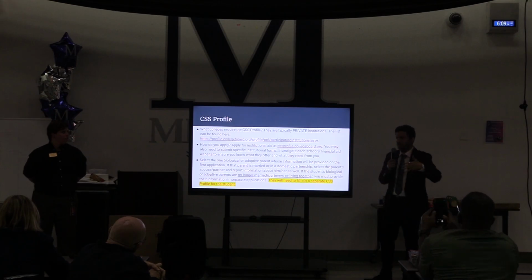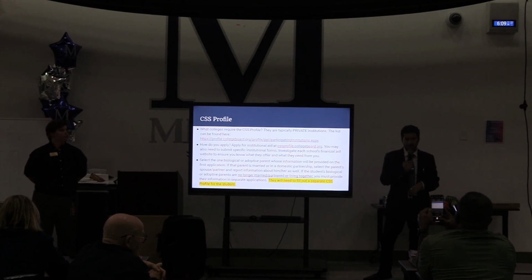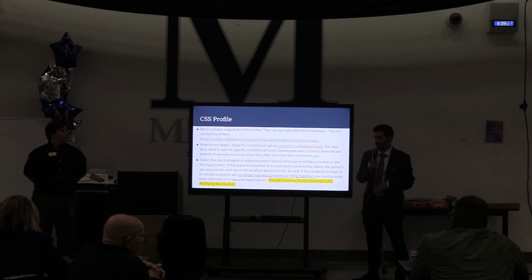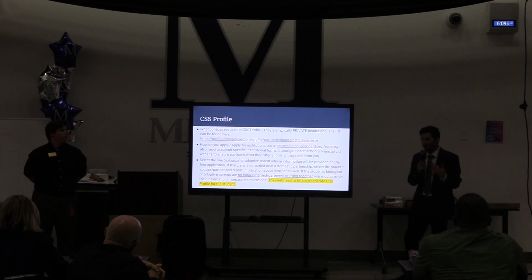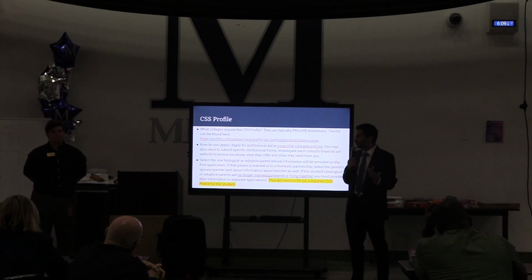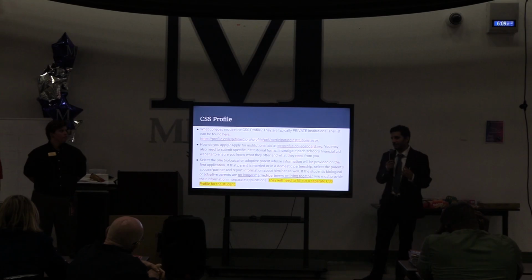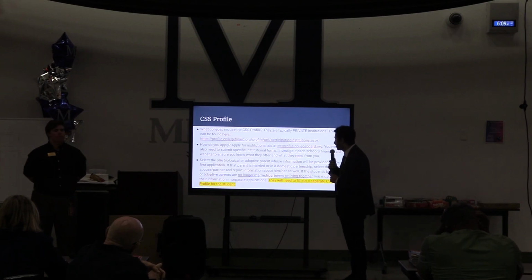The CSS profile can be more meticulous in its approach to investigating the finances of the family. So it does happen at times that families completing the CSS profile think, okay, they're asking way too many questions. It's normal. They just want to make sure that they're giving the right amount of money to the right people. So that's why the CSS profile is like that.